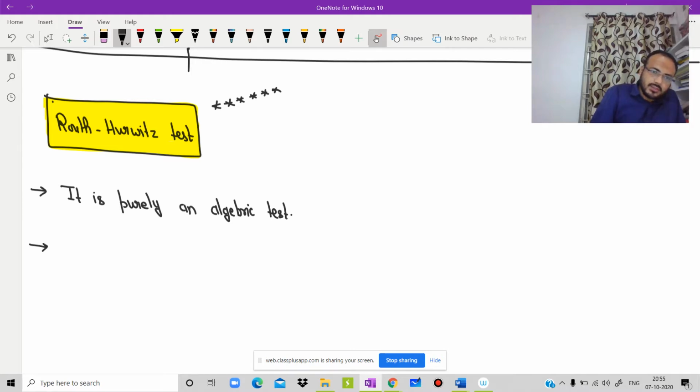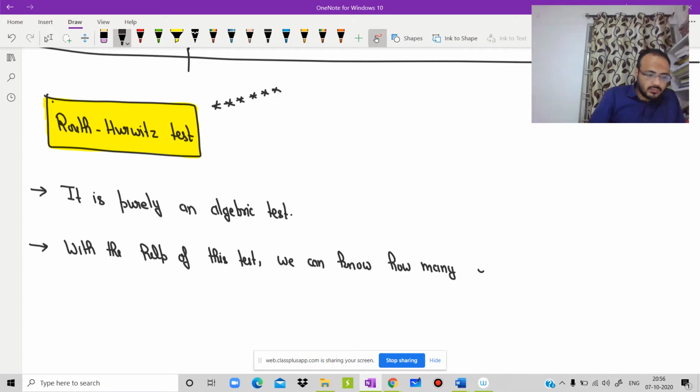Second, with the help of this test, we can know how many roots have positive real parts.